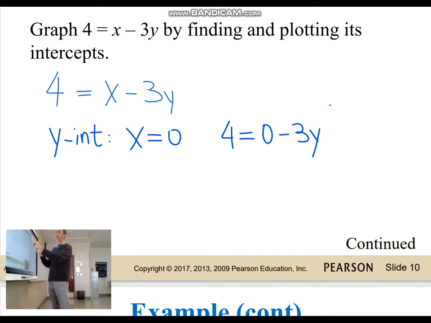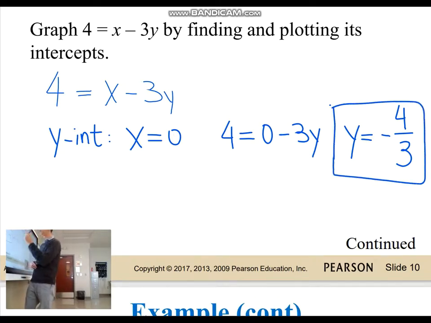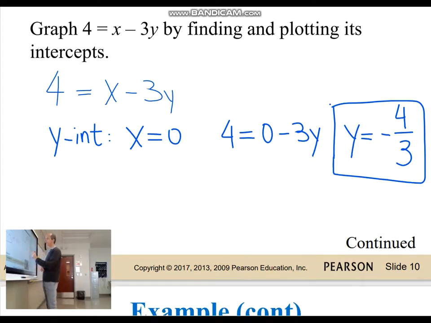And after we apply the addition property, the multiplication property, and we simplify this, we're going to find that y equals negative 4 over 3. So this is going to be the y-intercept. X equals 0, y equals negative 4 over 3.